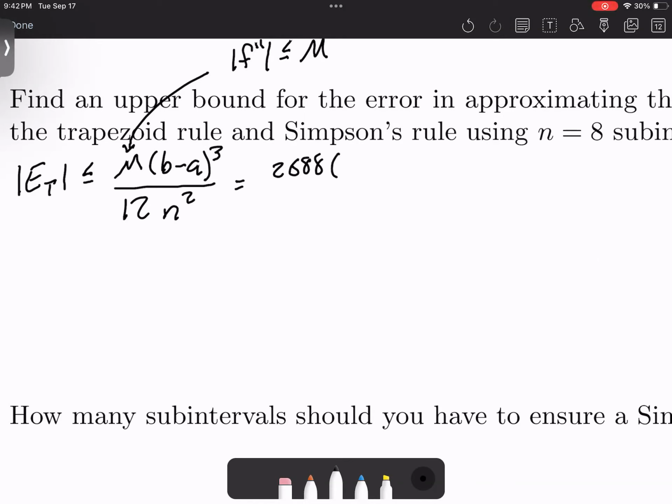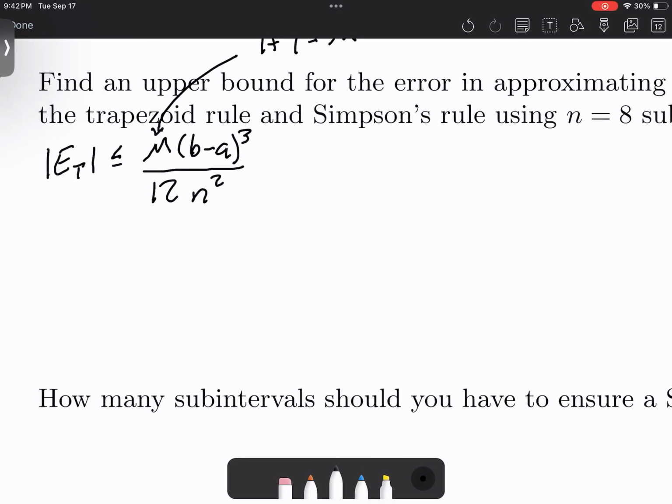Now, b minus a, we are integrating over the interval 1 to 2, which we will cube. And we have 12, a constant down there in our denominator, and n, our number of rectangles, or in this case, the number of trapezoids that we're using. And it specifies in the problem that we should use 8. Okay, running through the algebra here, we get 3.5. So the trapezoid approximation might have an error less than 3.5, but worst case scenario, it's going to be 3.5.